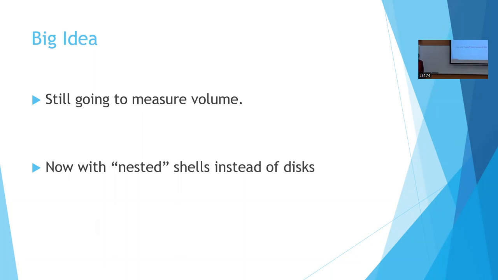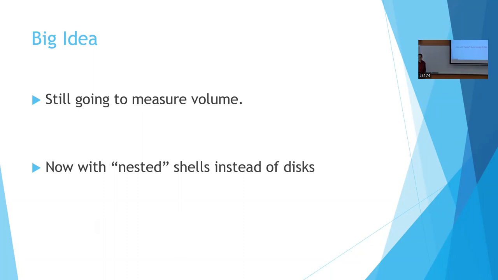So we're still going to be measuring the volume of an object rotated around either a horizontal or a vertical line. So we're going to be in the same scenario as last week.